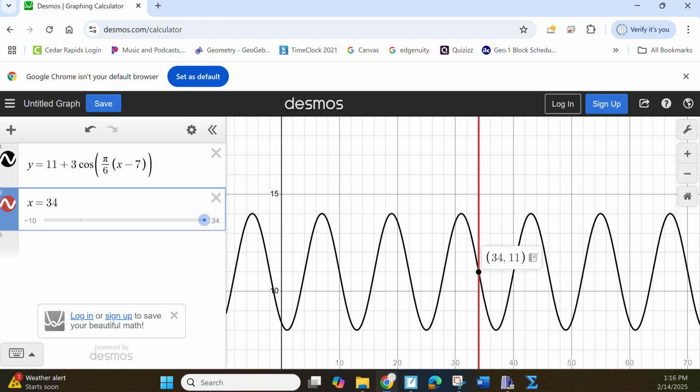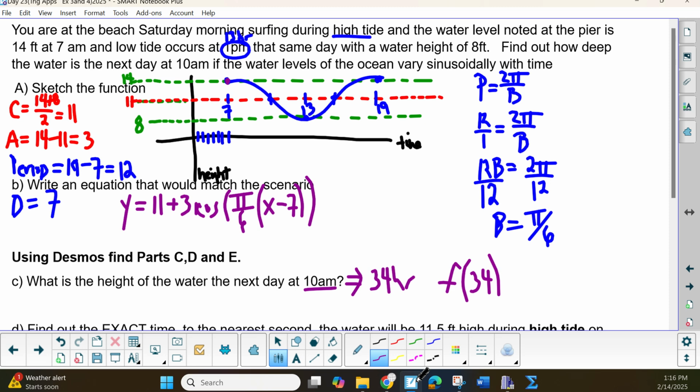Oh, something does not look right on this right now. A height of 11 is the sinusoidal axis here. Hold on, I just want to double check things. Here I got my equation right.